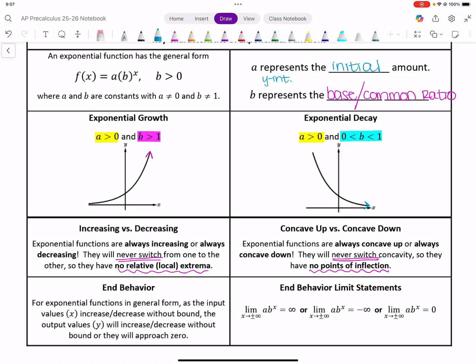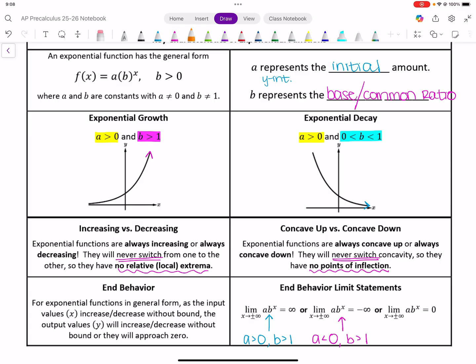So it's going to be positive infinity if a is greater than 0 and b is greater than 1. It will be negative infinity if a is less than 0 and b is greater than 1.